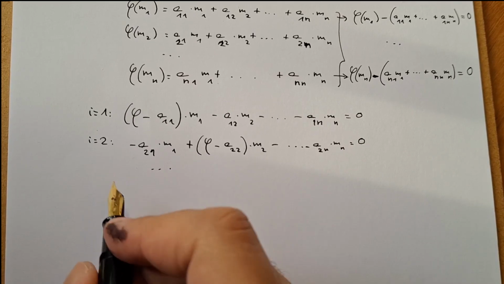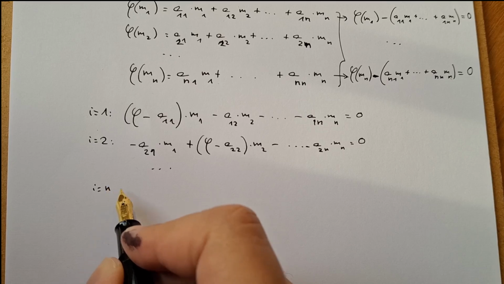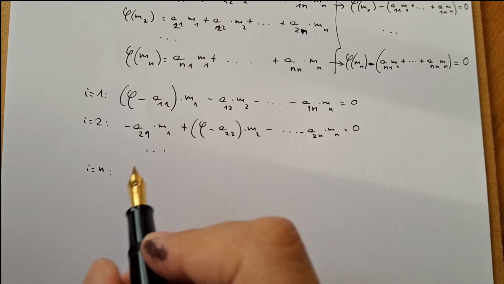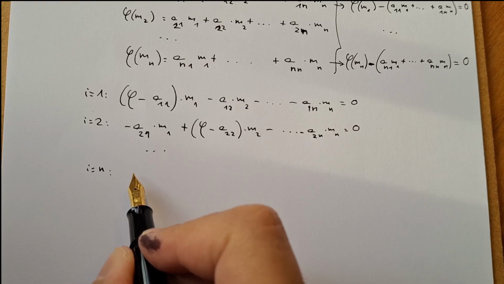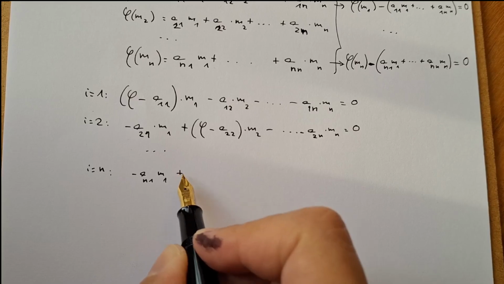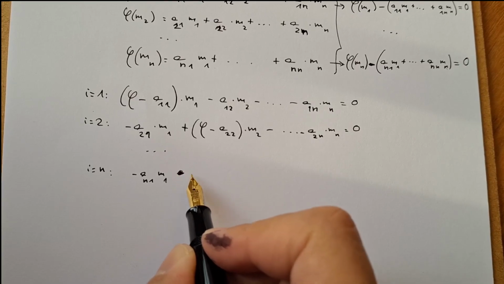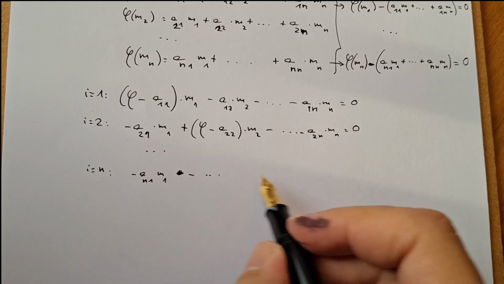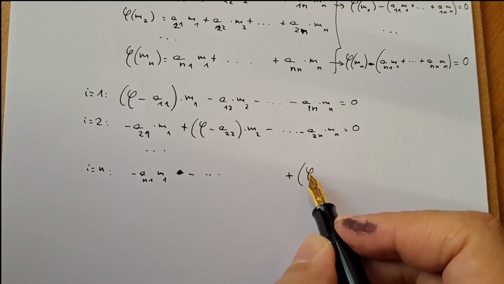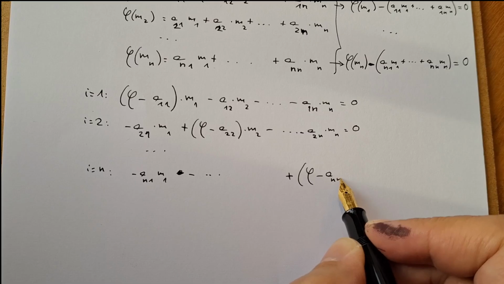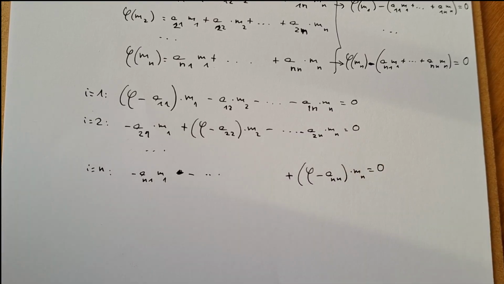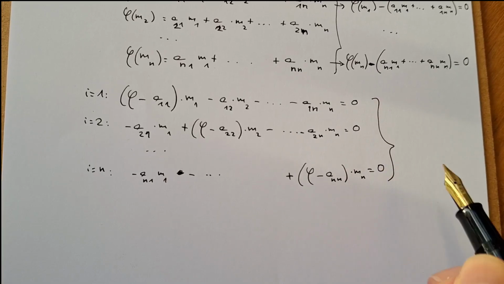This goes on till i equals n, where we have minus an1 m1, minus all the other things, till we reach the last one, which is psi minus ann multiplied by mn, and this equals 0.